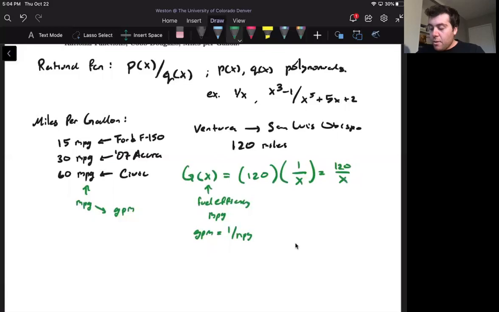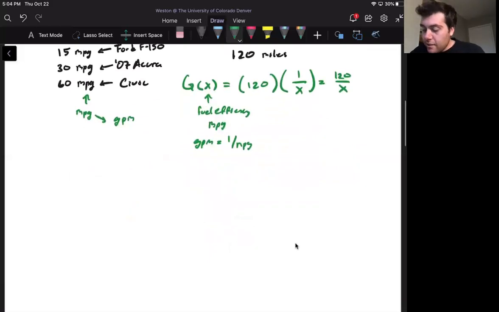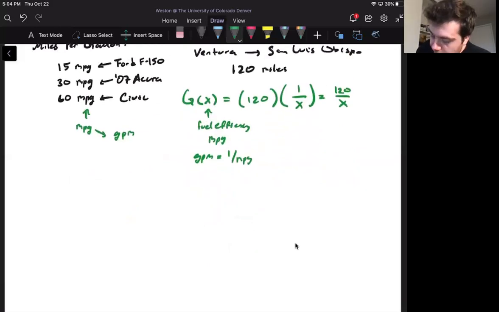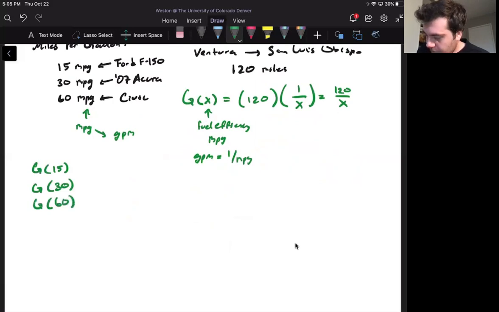So that's our function for how many gallons we have to use based on our fuel efficiency. And let's investigate the 3 values. We want to know g of 15, g of 30, and g of 60.